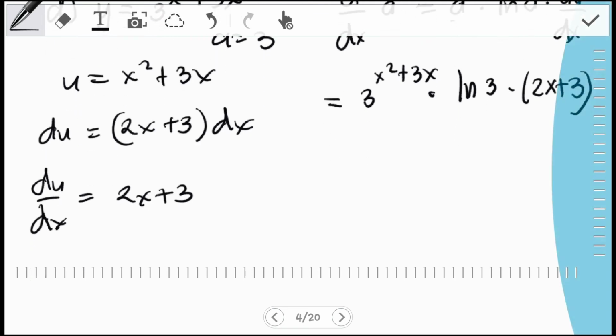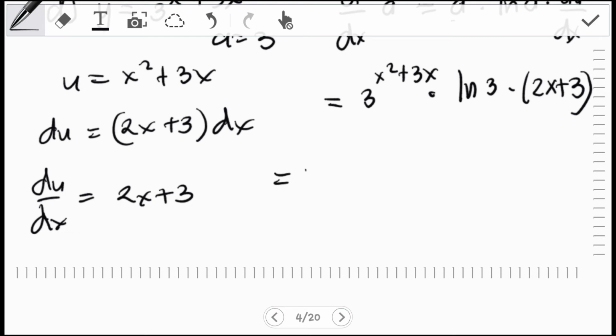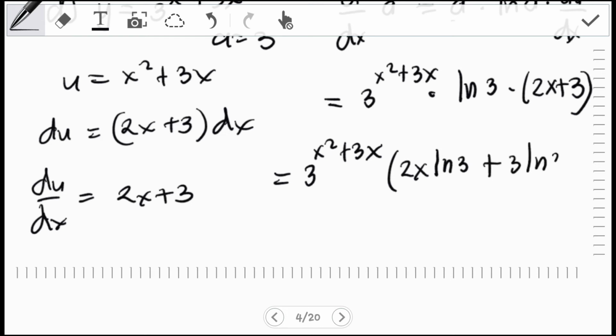Okay, so what is then 3x squared plus 3x times 2x ln 3 plus 3 ln 3?